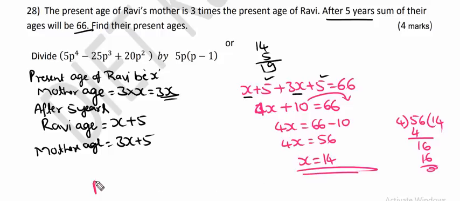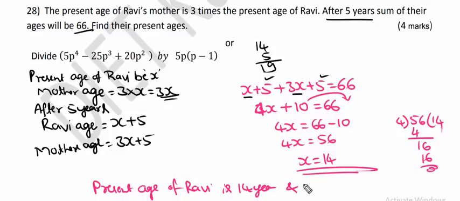We write the present age of Ravi is 14 years, and his mother's age is 3x, that is 3 into 14, which is 42. So 42 years is his mother's age.